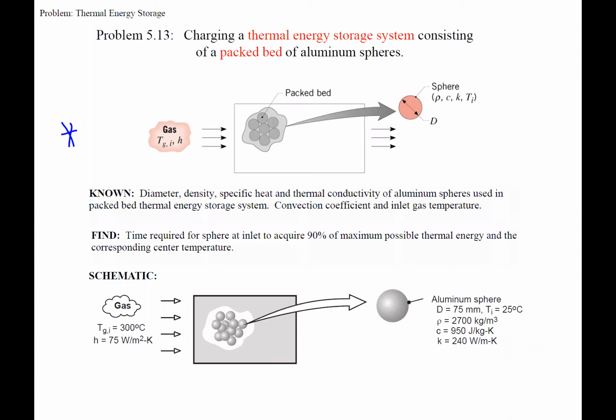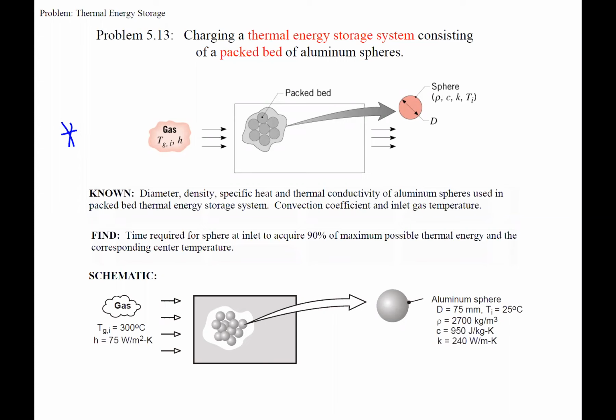And it says, consider a packed bed of 75 millimeter diameter aluminum spheres, gives us density, specific heat, thermal conductivity, and a charging process for which gas enters the storage unit at a temperature of 300 degrees Celsius.